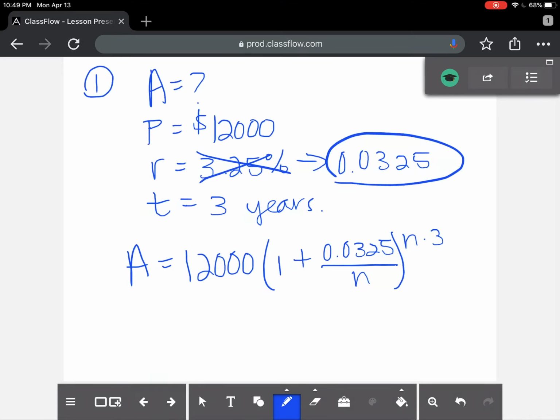Sorry. Okay, again, N is what's changing here.